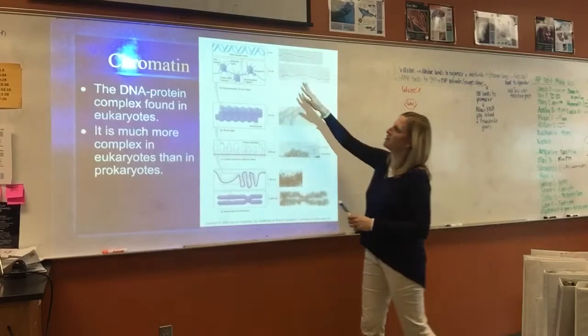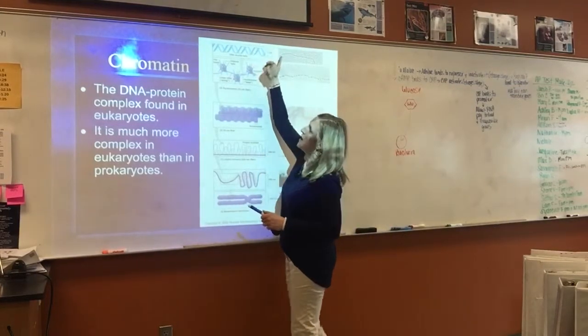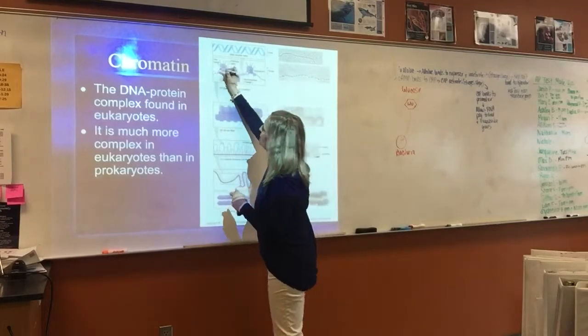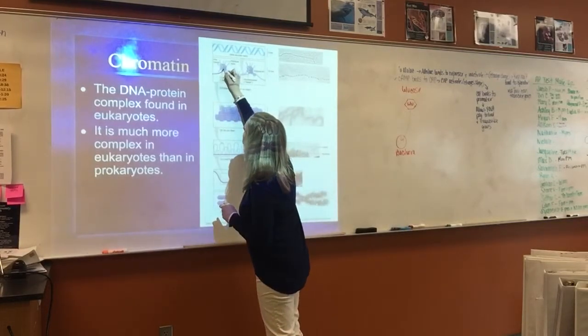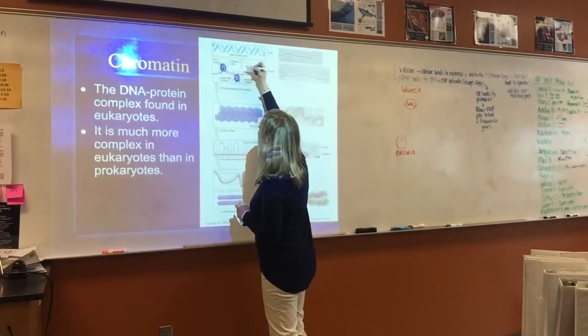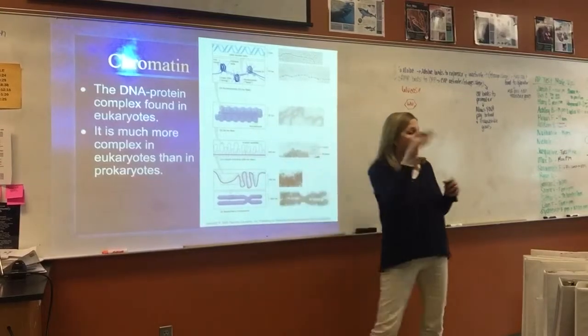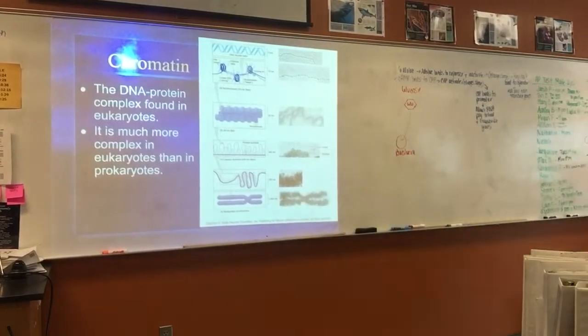That's what this picture here is showing you. So here's your DNA as a double helix, and then the DNA in this picture, in my case, is the blue lines here, and it's wrapped around these proteins called histones. I use that analogy of a thread around a spool to keep the DNA organized.